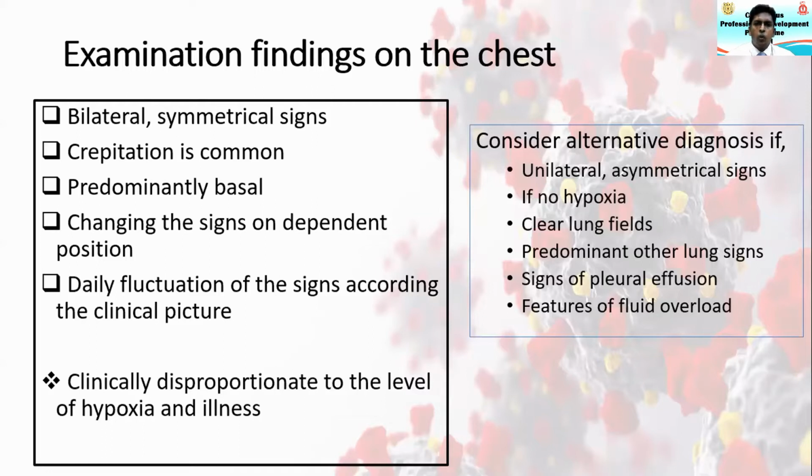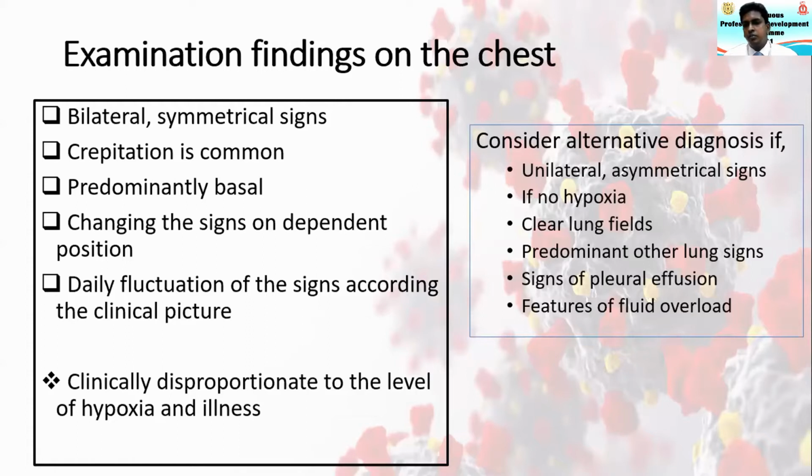But comparatively, in a COVID patient, you have clinically disproportionate signs. That means the hypoxia is out of proportion to the signs. Those are the major signs of COVID-19 pneumonia. The main point is clinically disproportionate findings. If you don't have these signs, you should look for any other focus, any other alternative diagnosis.